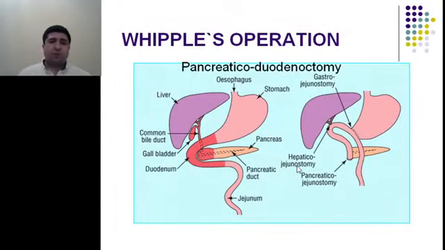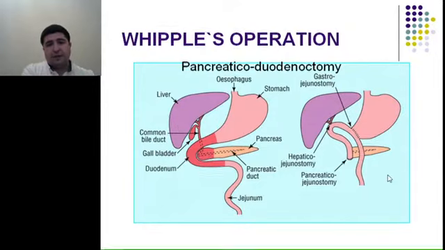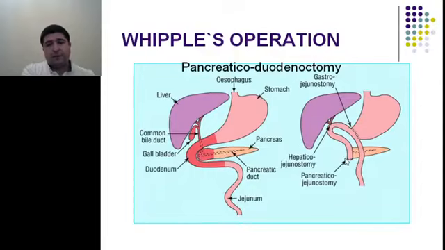On this picture you can see Whipple's operation, all the steps: pancreaticoduodenectomy, gallbladder removal. We remove part of the duodenum. We remove part of the head of the pancreas with the papilla. And then what are we doing?